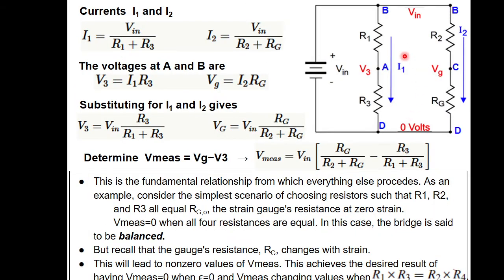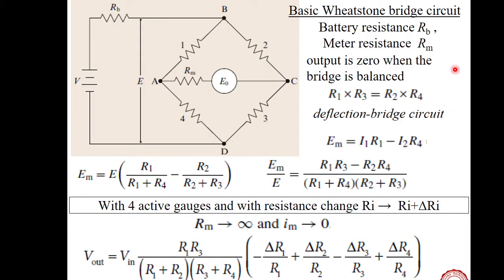Here I1 and I2, they were the current in different paths. And if this is R1, I1 into R1 is the voltage at that point, and I2 into R4 is from here.